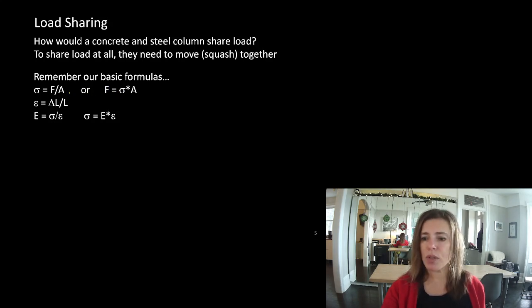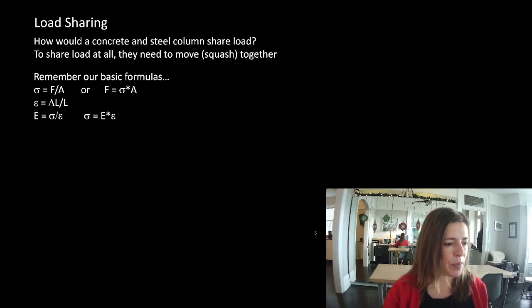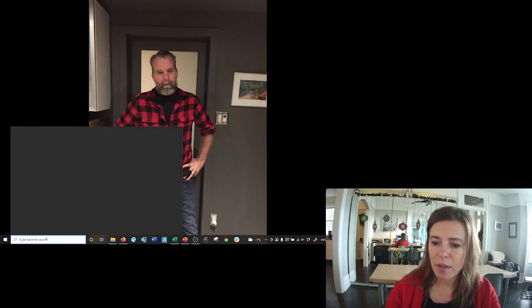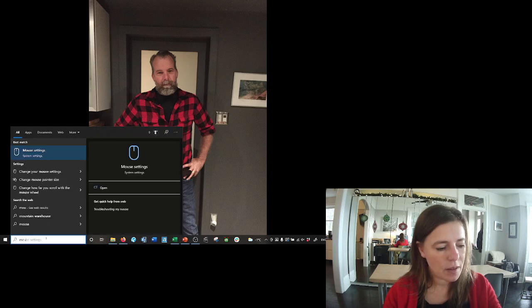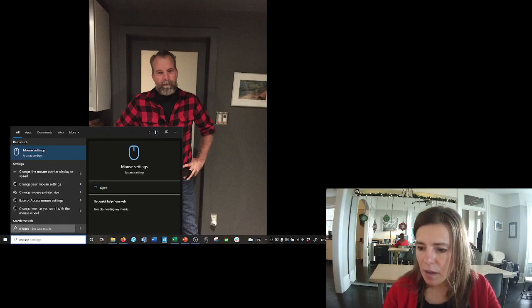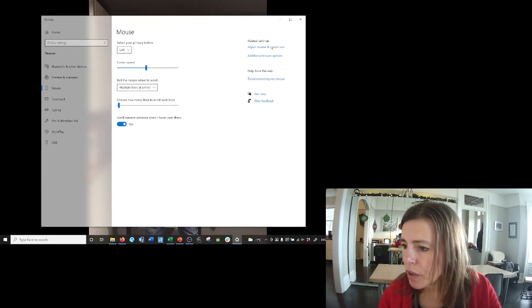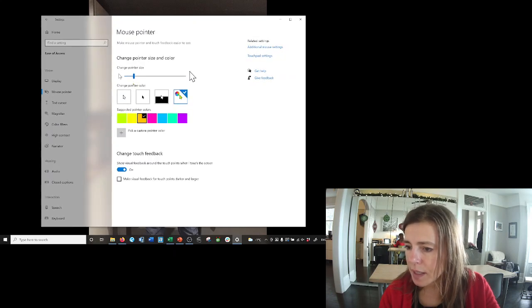Oh, look at that. My mouse is doing that ridiculous thing where it gets very small, even though it's very big on my screen. Sorry guys, let me make my mouse bigger for you. Let me find my mouse settings. I just want to make sure you can see my size easily.